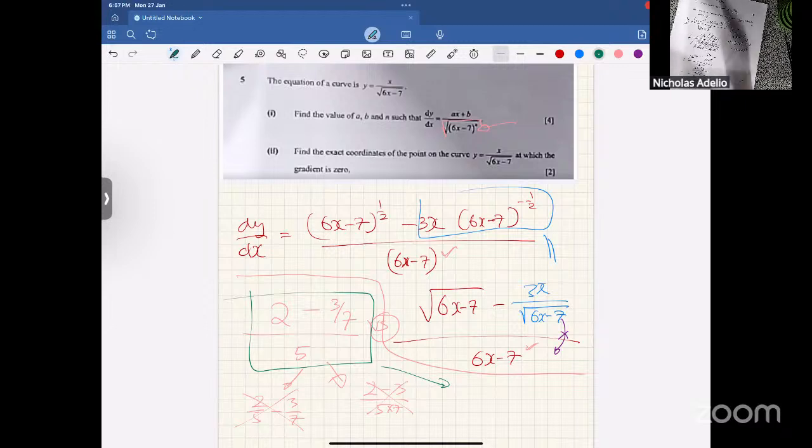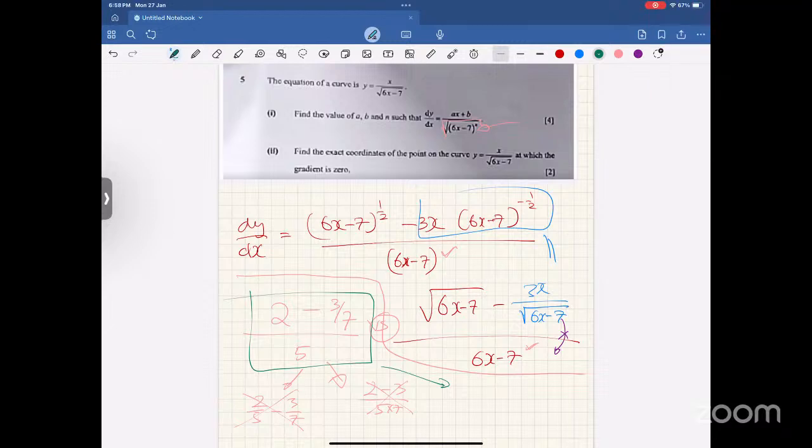I can do this one equals 0. Since they help me, it means that this is definitely the one I have to use to equal 0. Okay. Give it a try.